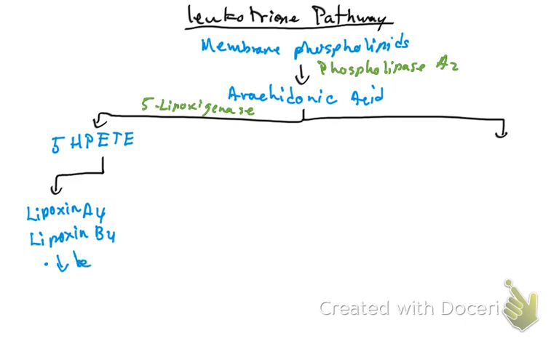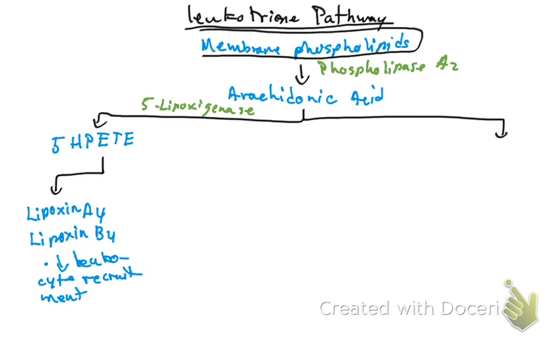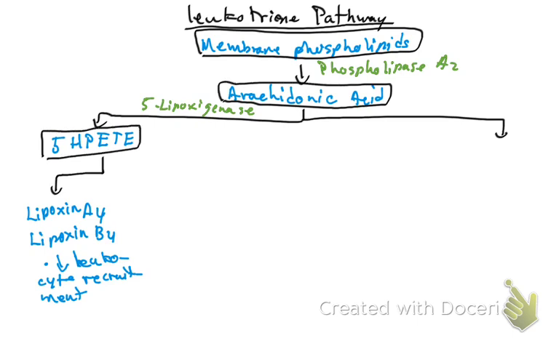Decrease your leukocyte recruitment. I will put a square all around, because otherwise it's easier to identify those shapes.